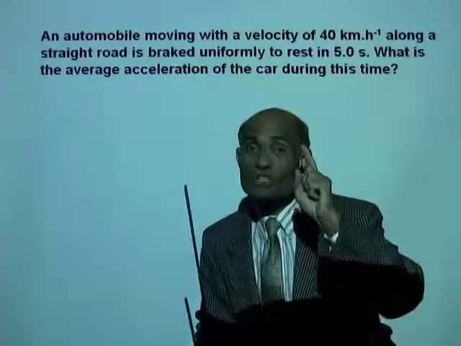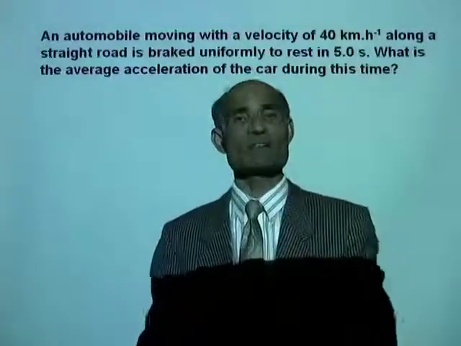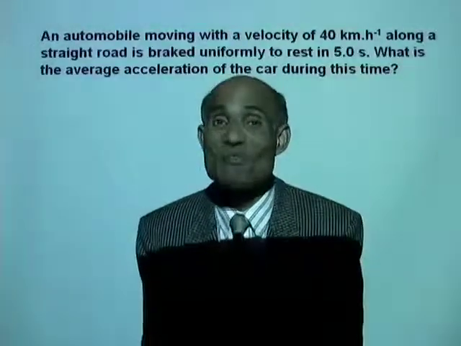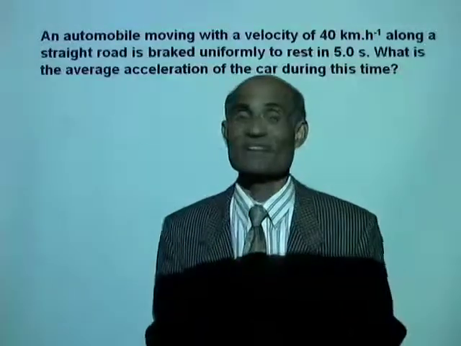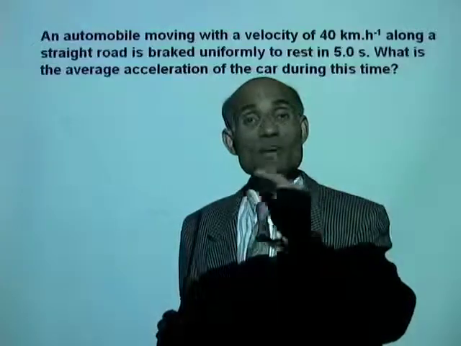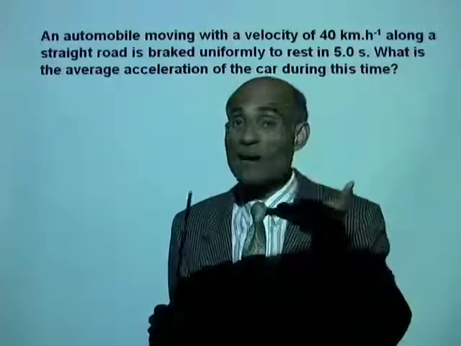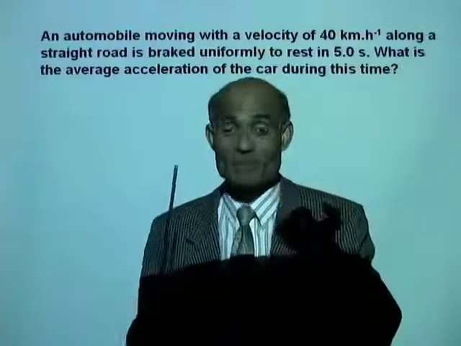Now, first of all, you need to convert that km/h to meters per second. Do you remember the quickest way to do that? I have shown you in the first lesson. Km/h can be converted to meters per second by simply dividing by what number? 3.6. That's right.